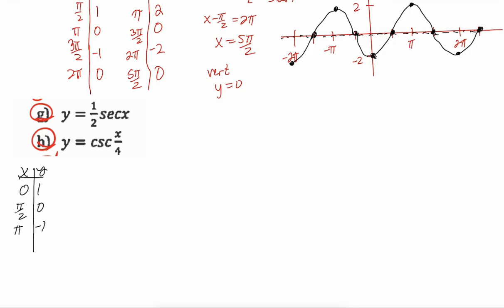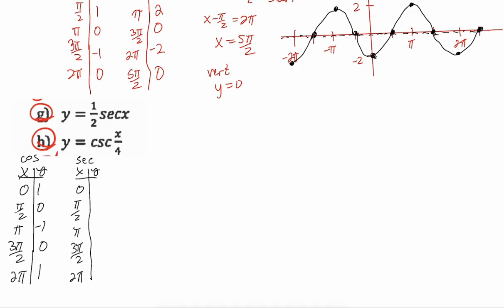Pi is at -1. 3 pi over 2, so this is just the cosine, is at 0. And 2 pi is at 1 again. So our secant, we are just going to take the reciprocal of those. So that's going to be 0, pi over 2, pi, 3 pi over 2, and 2 pi. The reciprocal of those are 1, vertical asymptote, because it's undefined, -1, vertical asymptote, and 1.